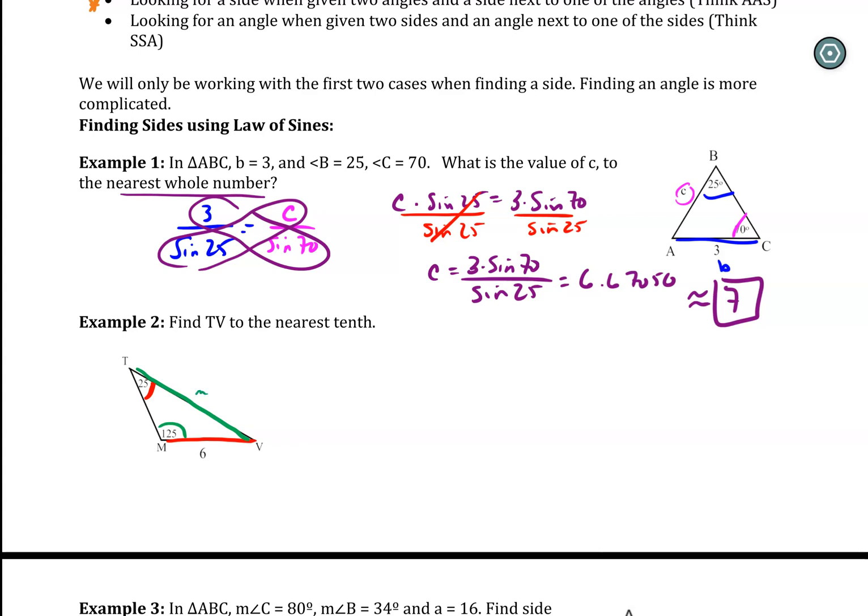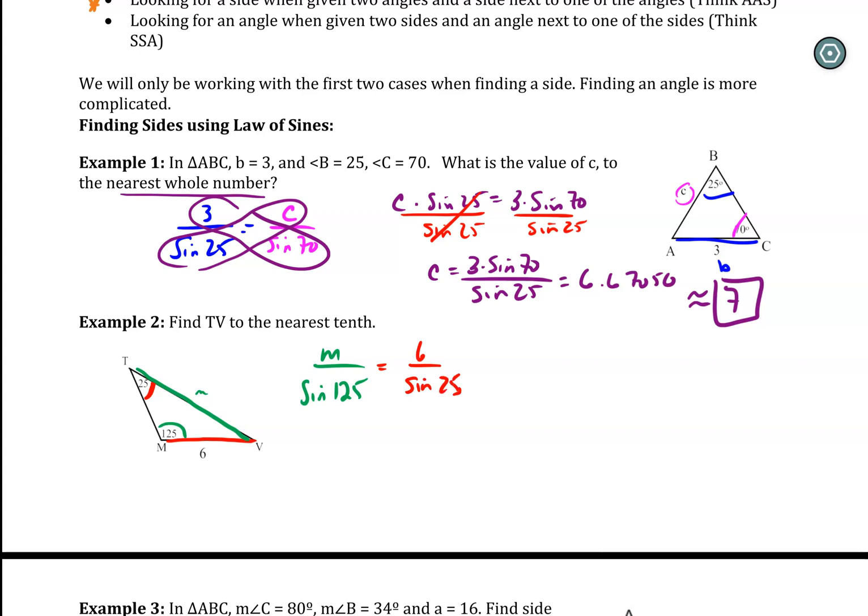So this is little m. So let's make our proportion. I can do m over the sine of that angle, so sine of 125, equals the side, which is 6, across from the sine of angle 25.